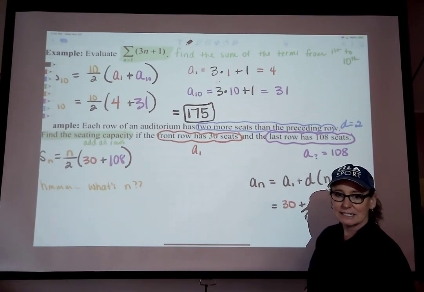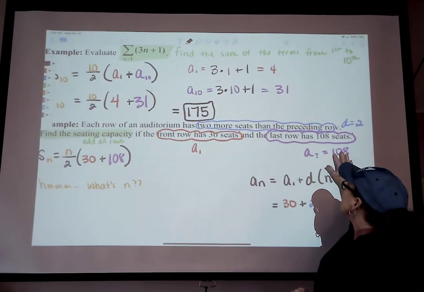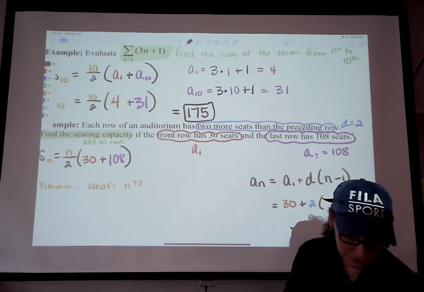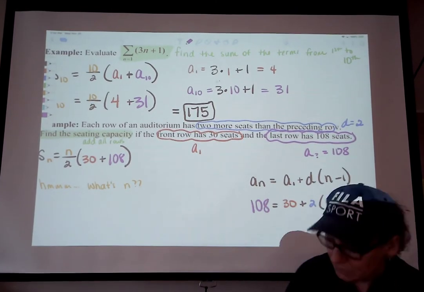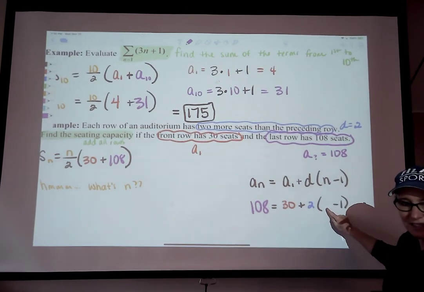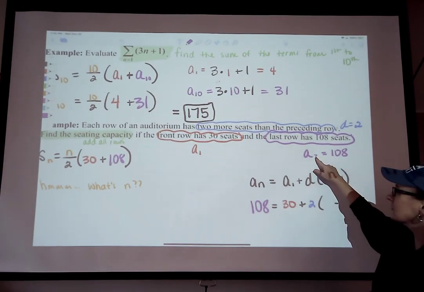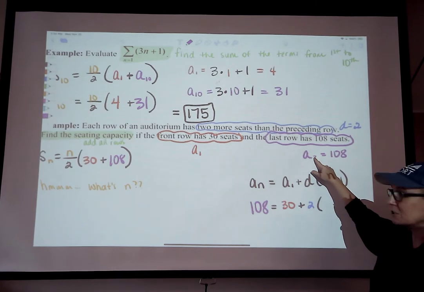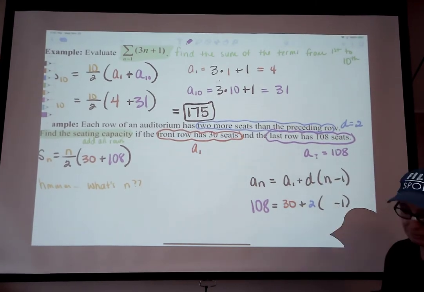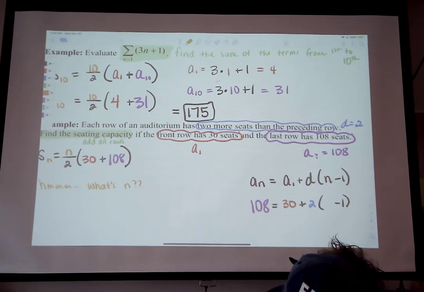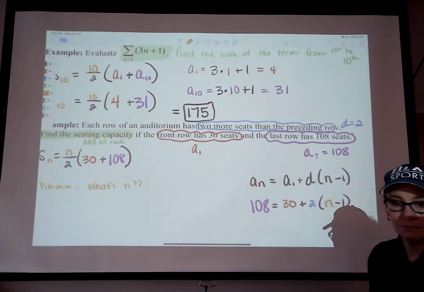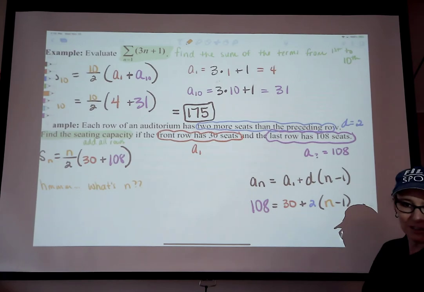It's 108. I'm going to put in 108 right there. What term is it? I don't know what term it is. That's the key to the whole problem right there.